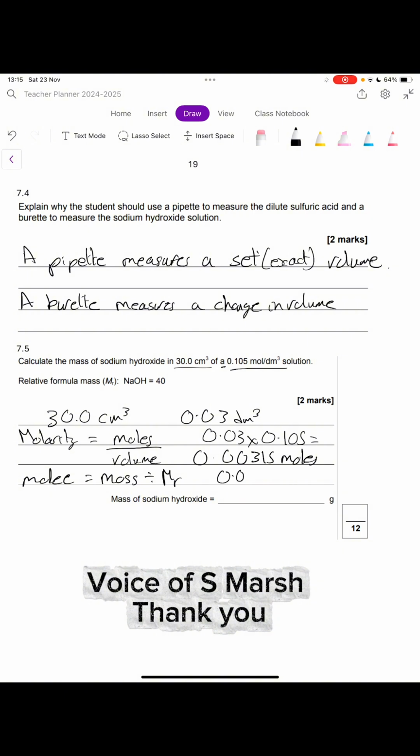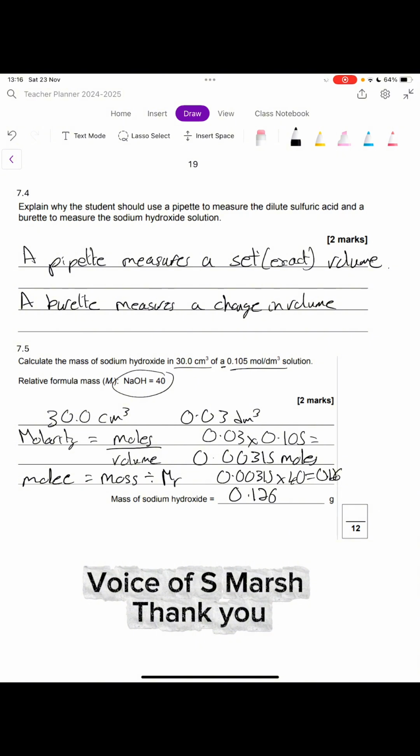So moles times by Mr, which is told to us already, we don't even need to calculate it, times by 40 equals 0.126 grams.